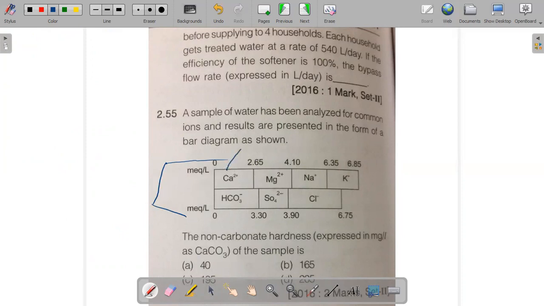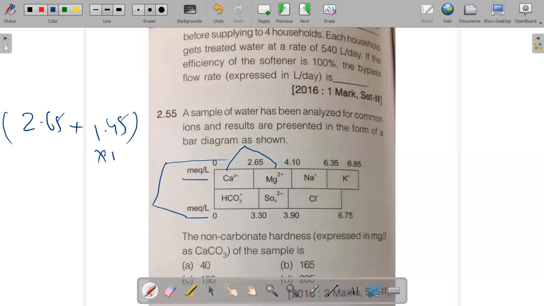We know that total hardness is due to Ca2+ and Mg2+. Remember, this is given in milliequivalent per liter. So 2.65 minus 0, that is 2.65, and due to Mg2+, 4.10 minus 2.65, that is 1.45.